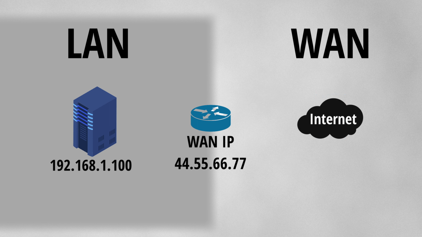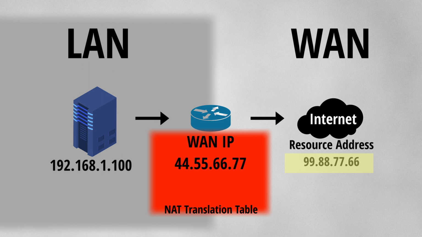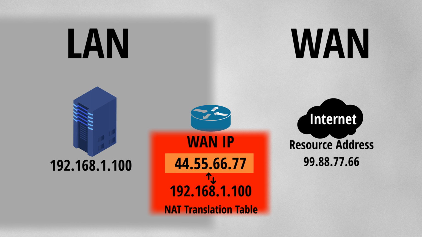Let's say the public IP supplied from the ISP is 44.55.66.77. The router would have a predefined list in the translation table to say, when source address 192.168.1.100 wants to go out to the internet to the destination, as an example 99.88.77.66, translate it to 44.55.66.77.